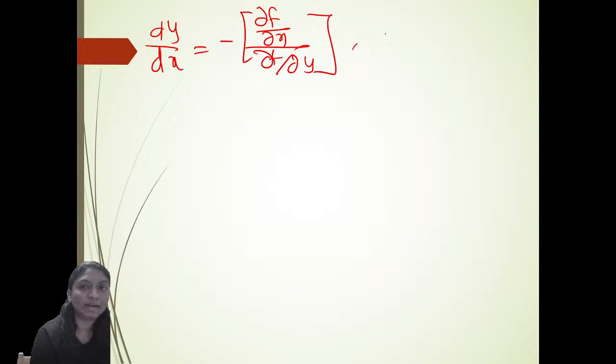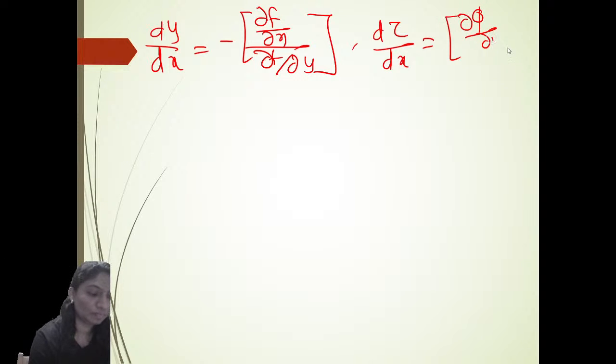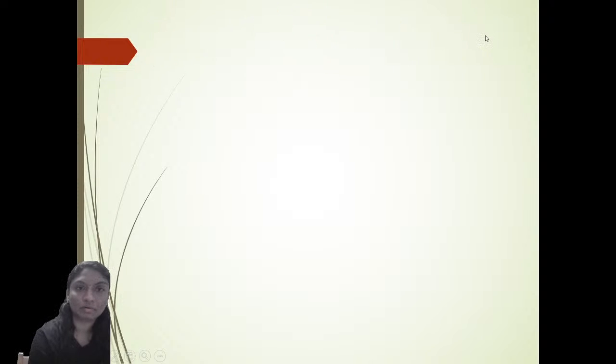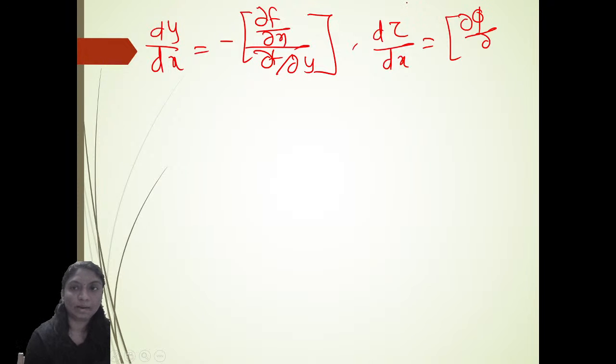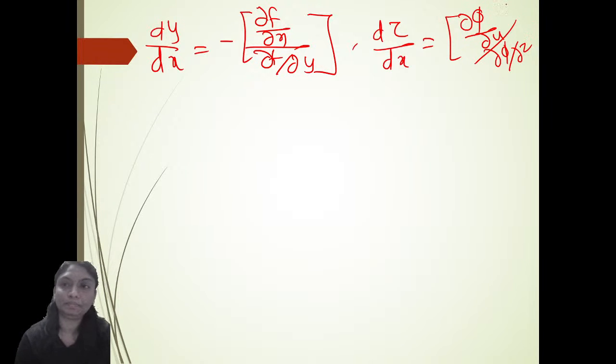And dz by dx, exactly similar way, you will get minus ∂phi/∂x upon ∂phi/∂z.